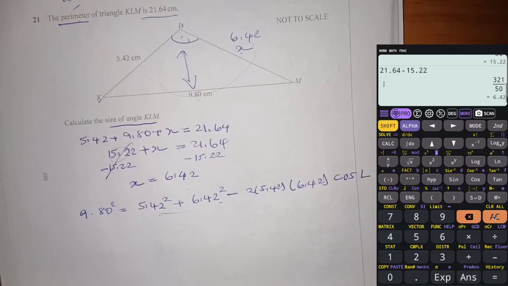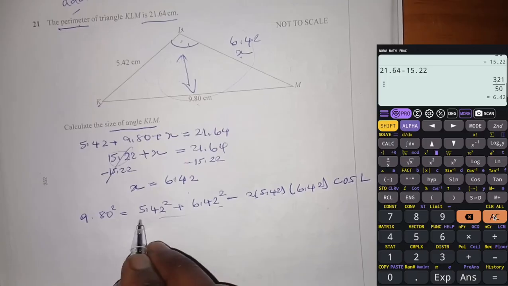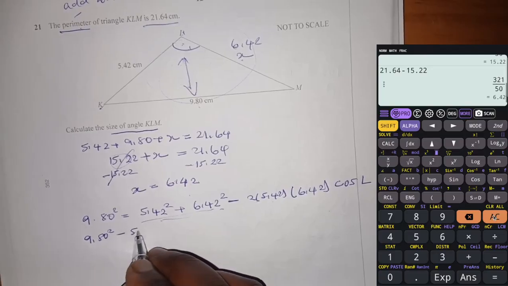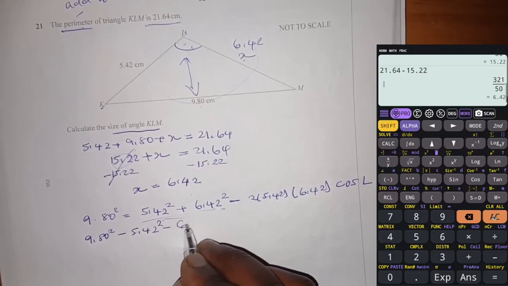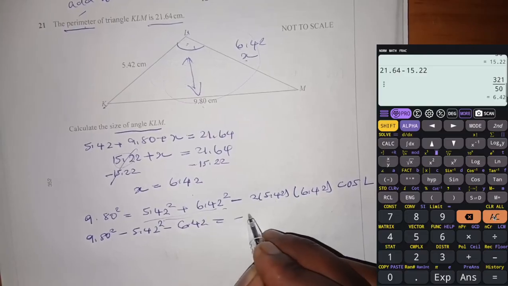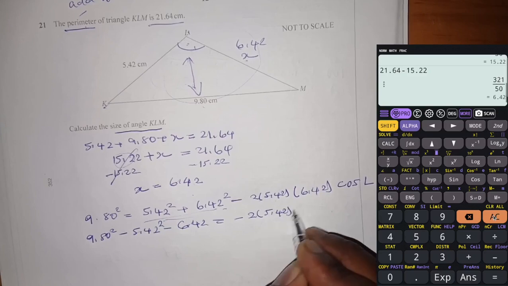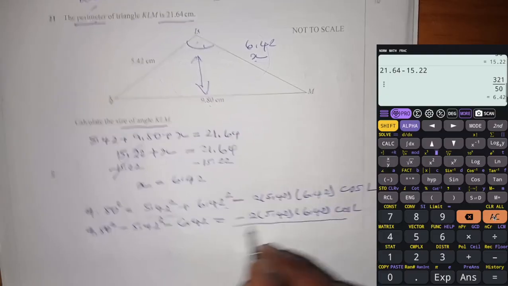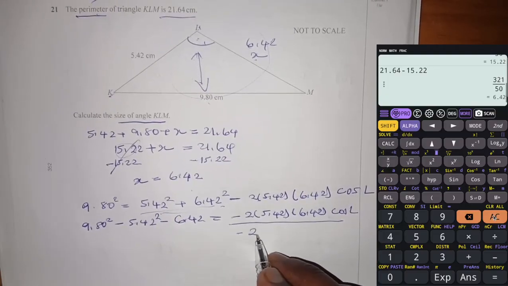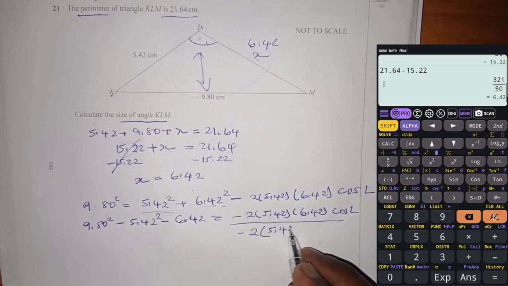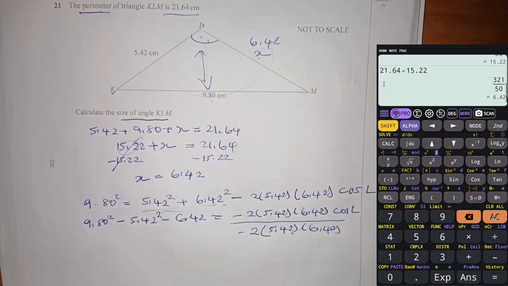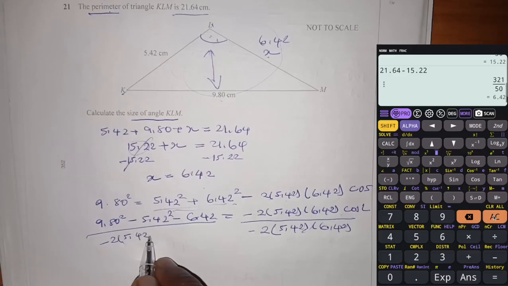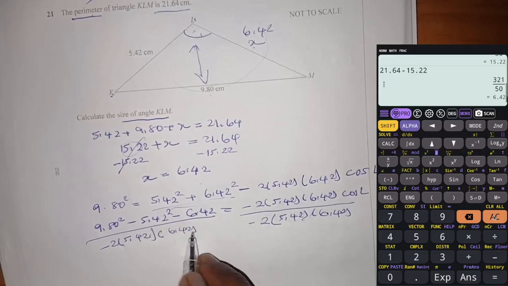Now let's just continue. So let's take both these guys to this side. 9.8 minus 5.42 minus 6.42 is equal to negative 2 times 5.42 times 6.42 cos L. Divide by minus 2 times 5.42 times 6.42.